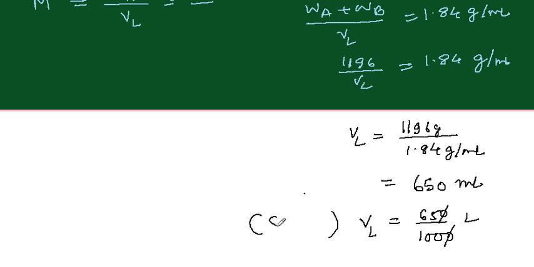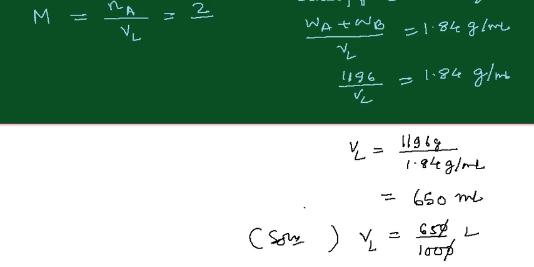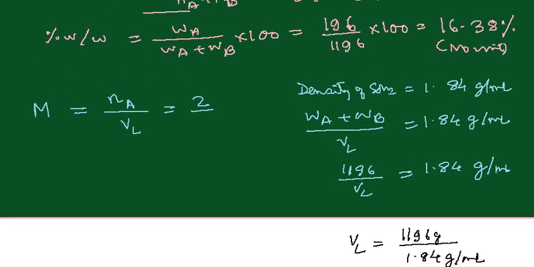This volume is for the solution. So if we put the value over here, that is 65 over 100, so that would be mole per liter. That is the molarity for us. If you just multiply and divide now, this is 2 times 100 over 65, which gives us our answer as 3.